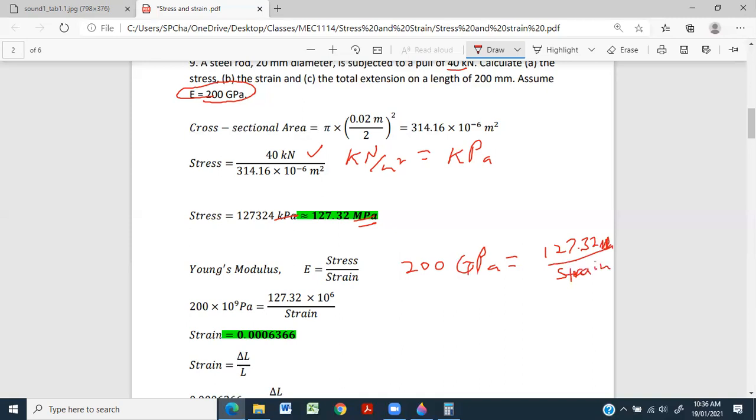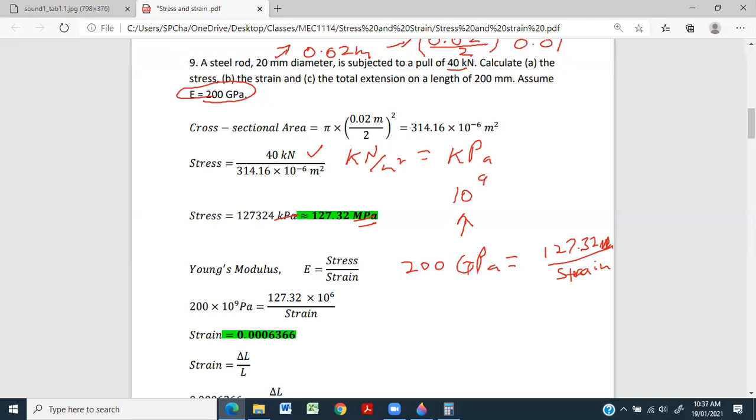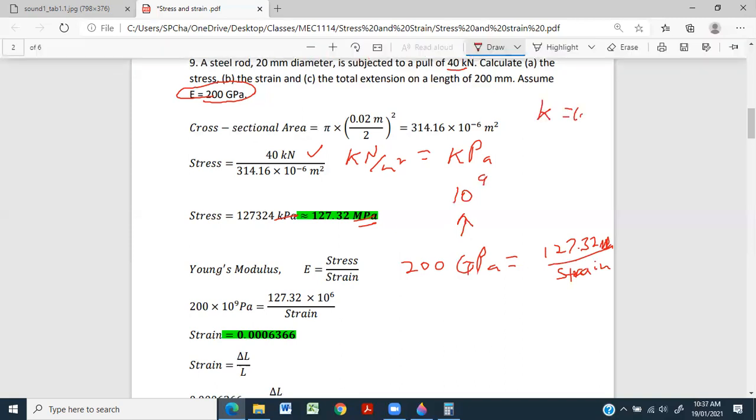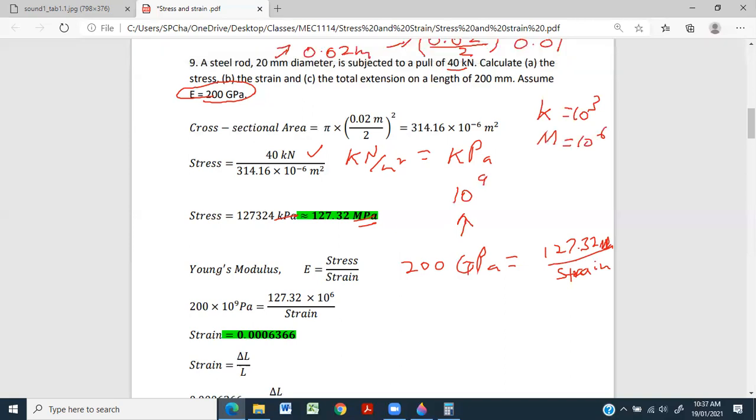Now, this gigapascals, right? This is 10 to the power of 9, giga, right? So K is 10 to the power of 3. Mega is 10 to the power of 6, right? And giga is 10 to the power of 9. So just memorize these, right?